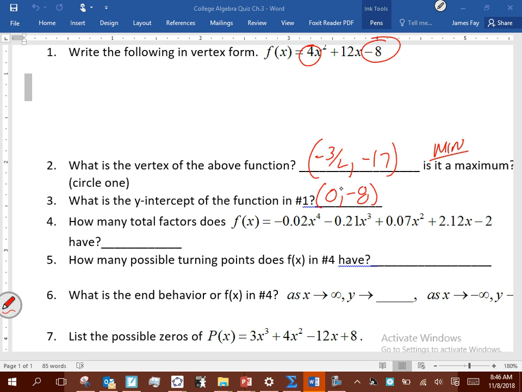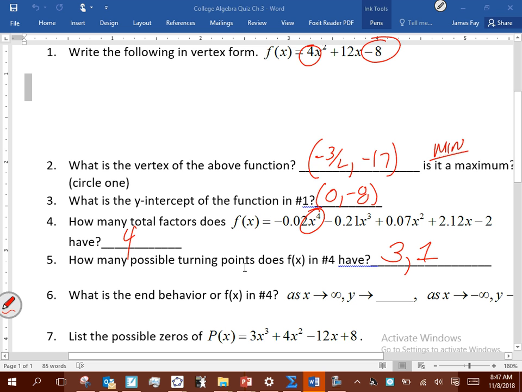How many factors does this thing have? We talked about if I have a leading degree of n, that's how many factors I have. So this thing's got 4 factors. How many possible turning points? It has that minus 1, so it's got 3. If you kept going and said all you wanted was the maximum, you could have also said 1, that's fine as well, so 3 or 1.